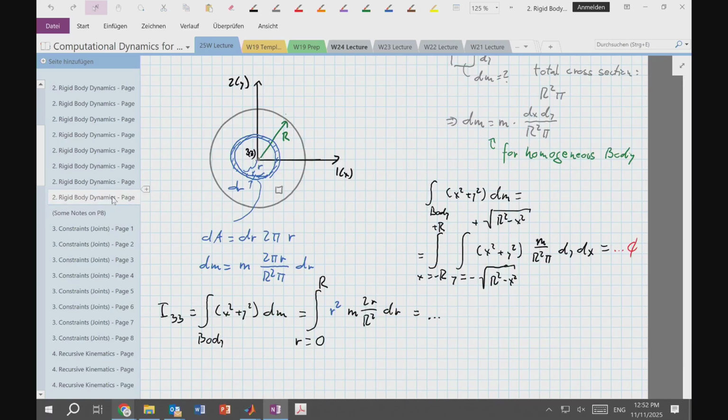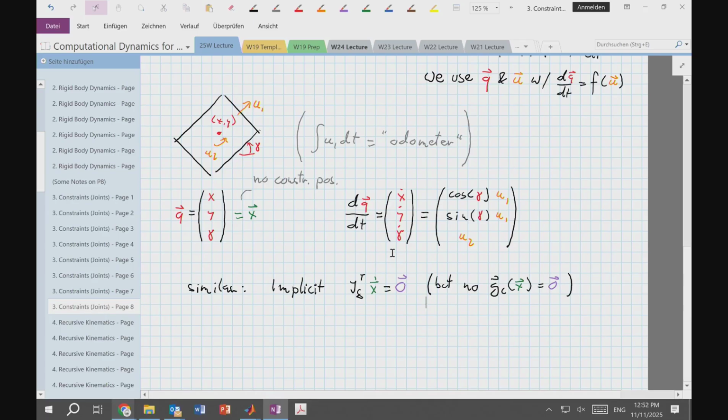But this idea of using different coordinates for velocities and positions is not something that's very difficult. And you've all done it before.